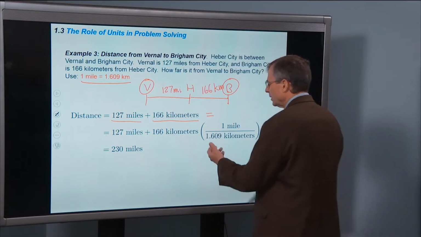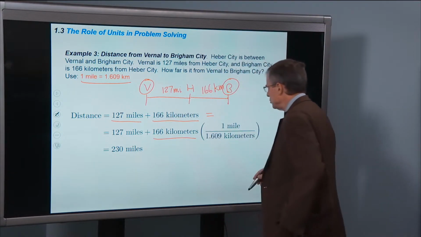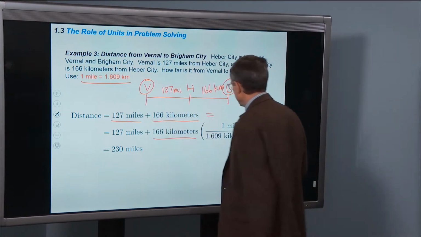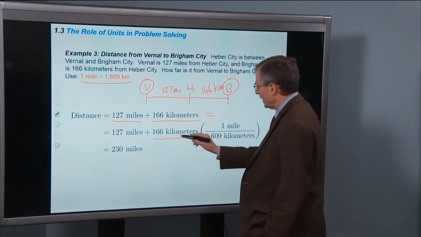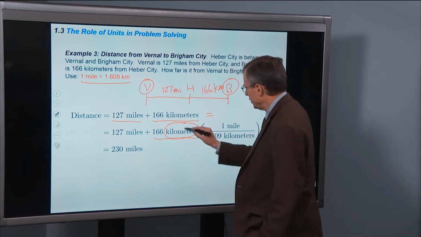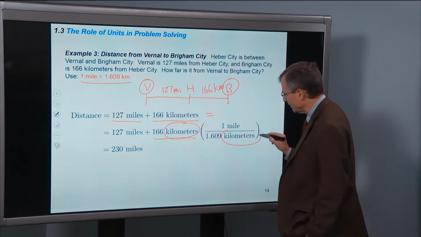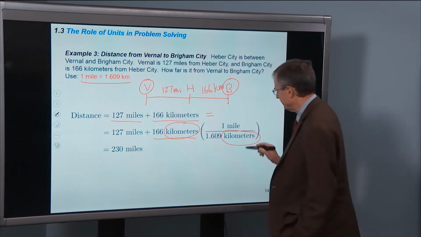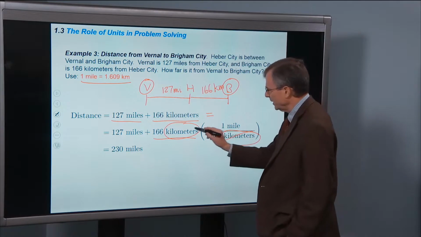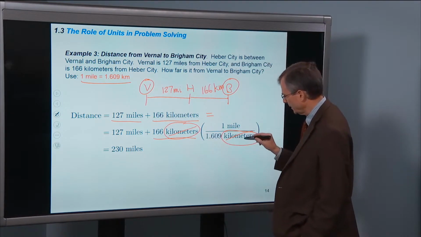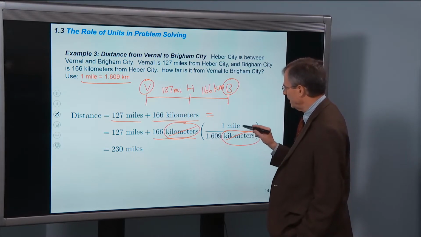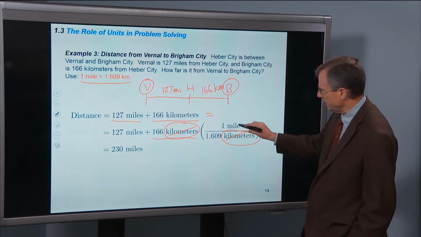So let's convert kilometers to miles. We know that 1 mile is 1.609 kilometers. I've got kilometers in the numerator, so I know that I've got to have something with kilometers in the denominator. And that's this 1.609. So all the kilometers will then cancel, and we'll end up with units of miles.